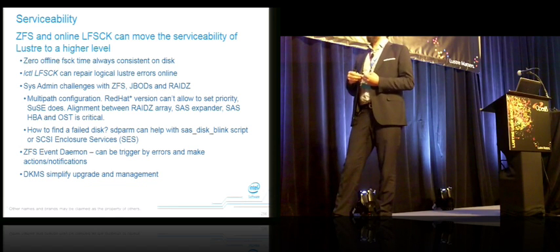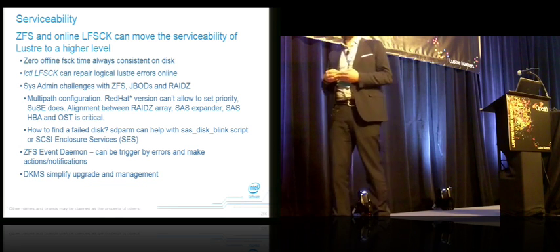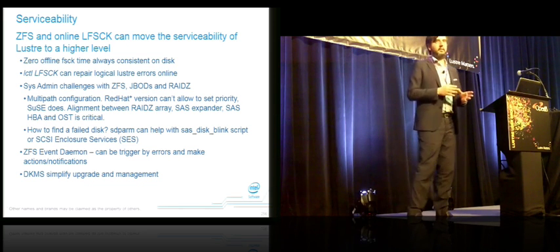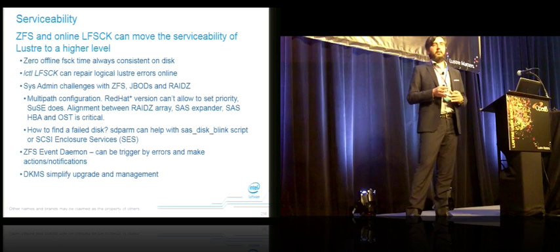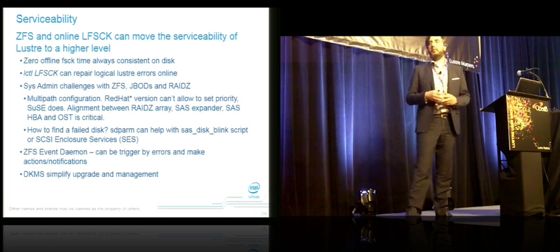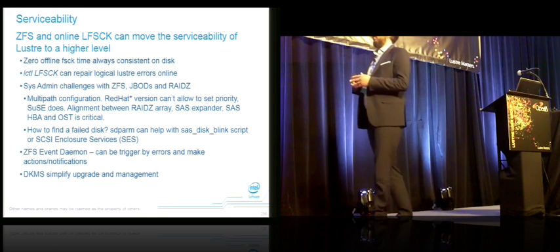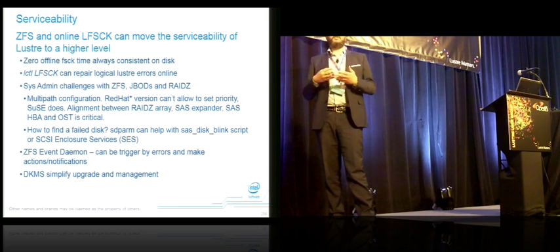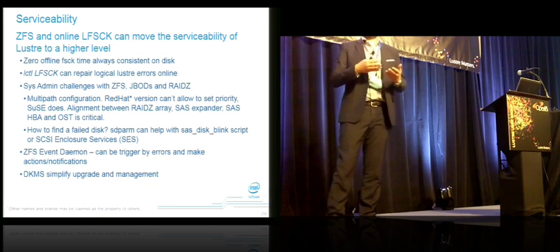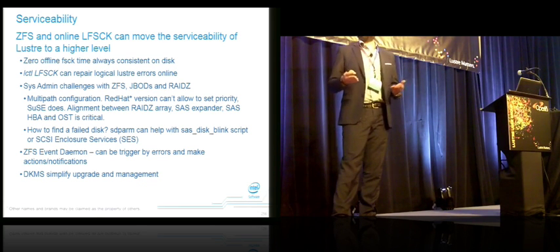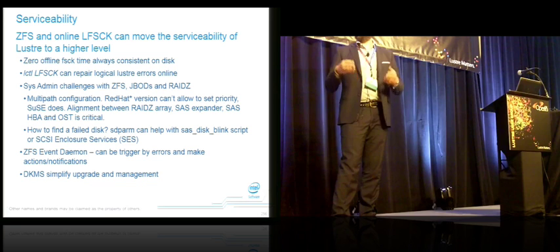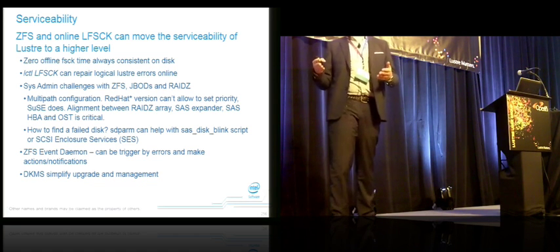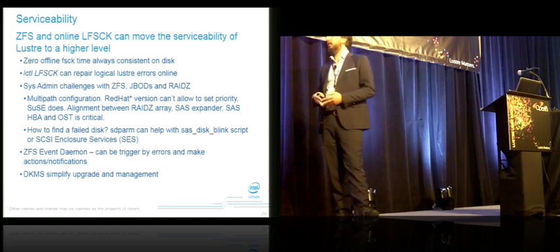The main problem for a system administrator is the configuration of ZFS in a very big environment, especially if you are using RAID-Z and JBOD. So basically you will have a normal JBOD with 60 hard drives and a multipath configuration, so at least 4 expanders to access the JBOD.